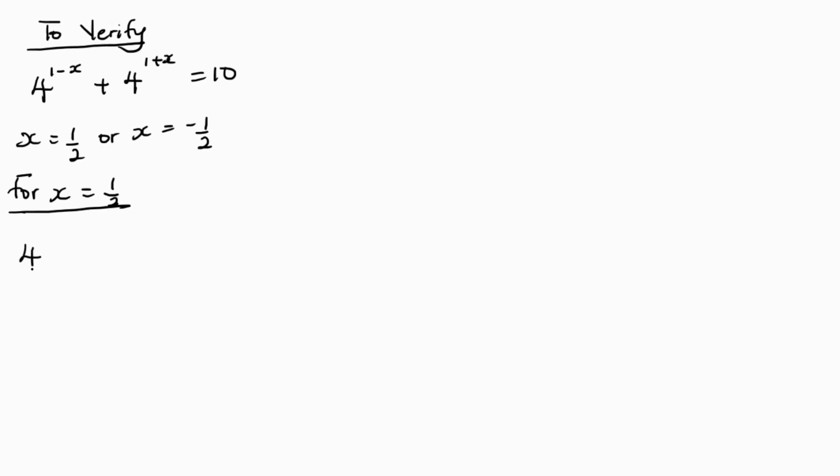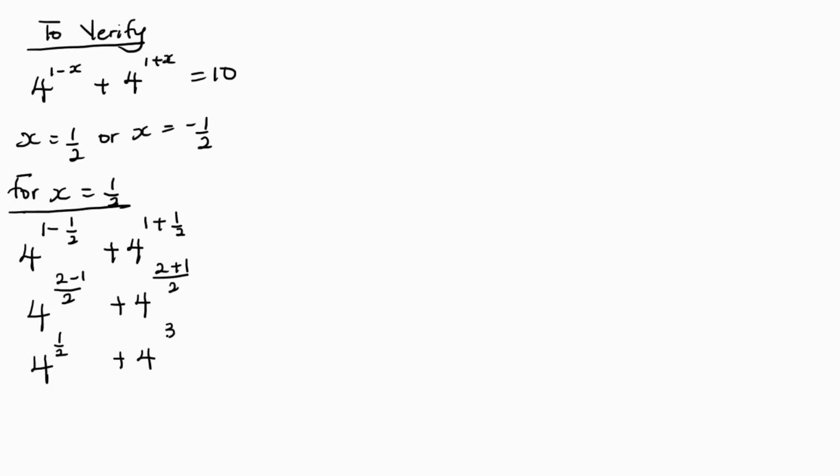Now we have 4 to the power of 1 minus 1 over 2 plus 4 to the power of 1 plus 1 over 2. Taking the LCM of the power, which is 2, this becomes (2 − 1)/2 plus (2 + 1)/2, so 4 to the power of 1 over 2 plus 4 to the power of 3 over 2.